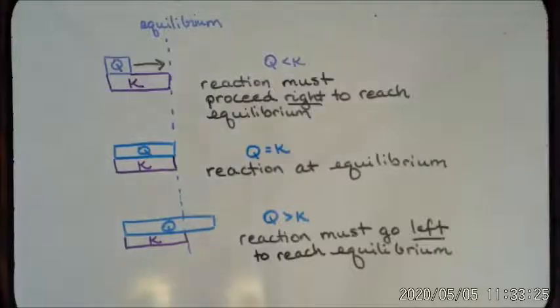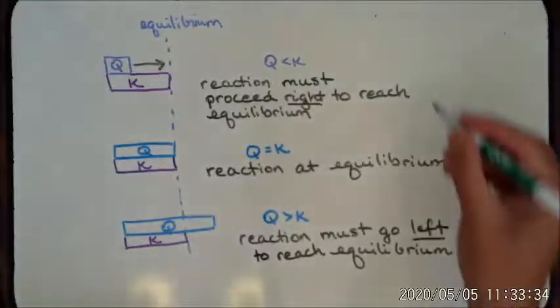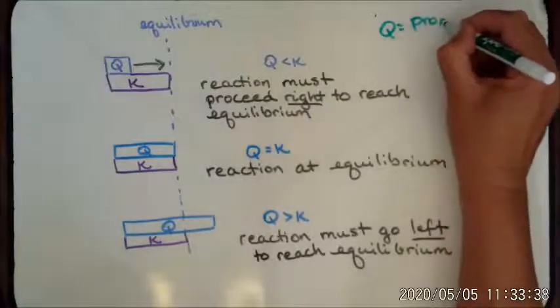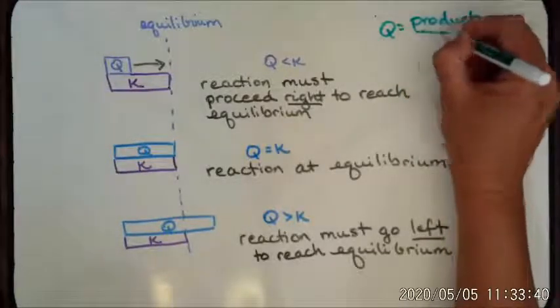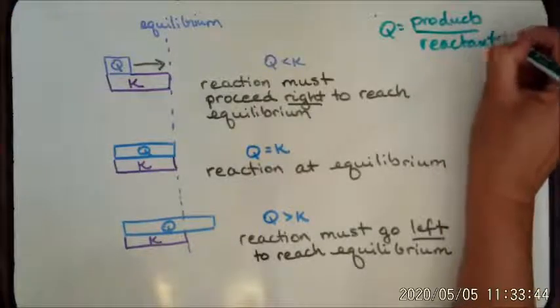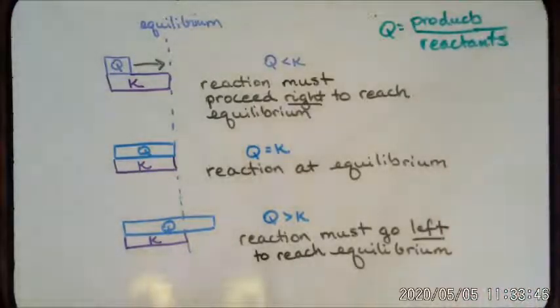Okay, so let's talk a little bit more about our reaction quotient, Q. Remember, Q is calculated as the products over reactants. If you look at the expression, it's going to look exactly the same as K. So what was the difference?